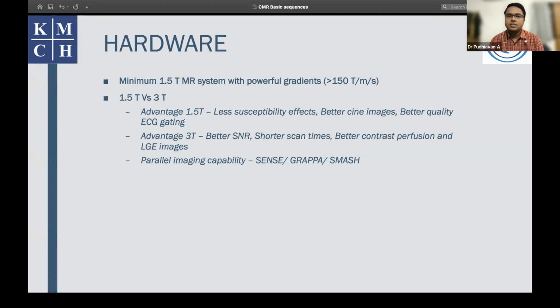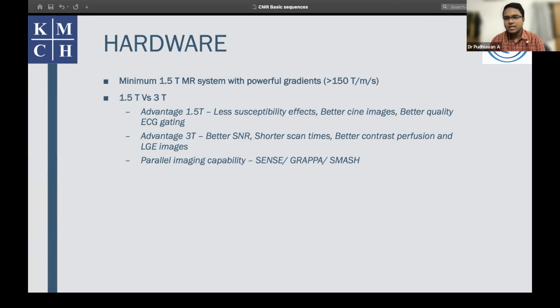The advantage of a 3 Tesla system is that since the field strength is high, there are more protons that are available for image formation. Hence, a better signal to noise ratio is attainable with the 3 Tesla system, and the scan times also become shorter in a 3T.